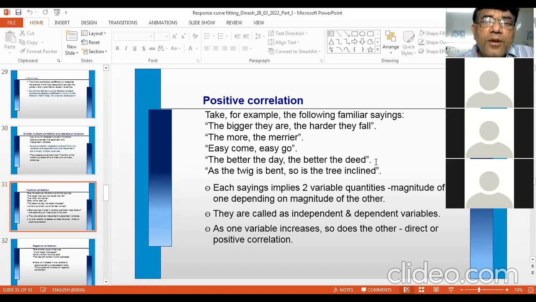So that is a numerical relationship. For example, if I say that my height is twice the height of yours, my height may be 2x and your height may be y. So 2x is equal to y. So this 2 tells us the numerical association between two variables. So this is your regression.